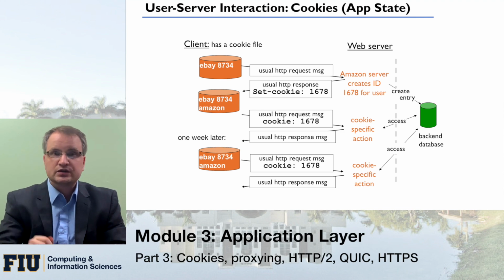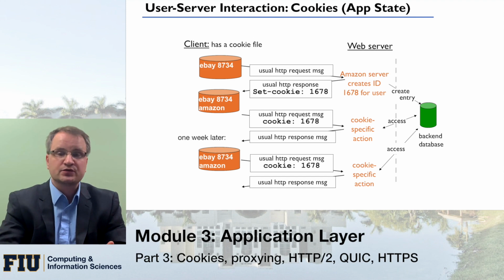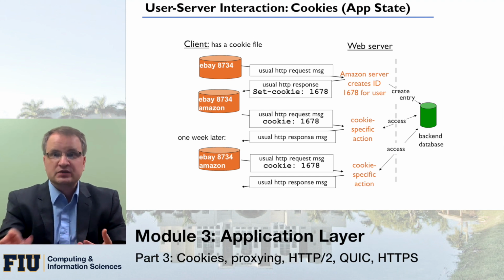So for example, as you can see on the slide, if you go on an eBay website or any other website that you normally do for the first time, you have nothing as part of the cookies. So you just go there, you send the simple GET request or whatever other type of request, and you've been processed. As part of this response, the server can ask you to set a cookie.